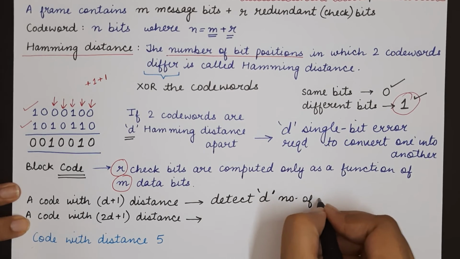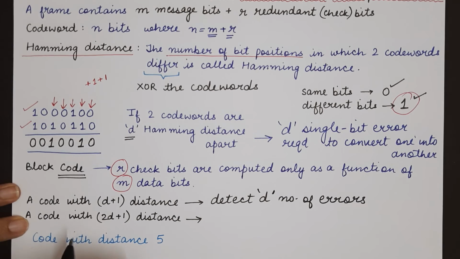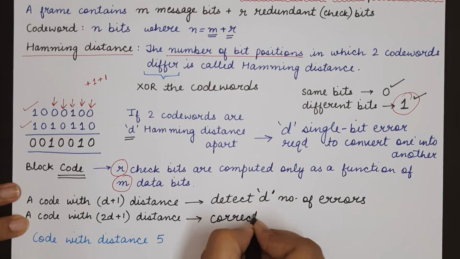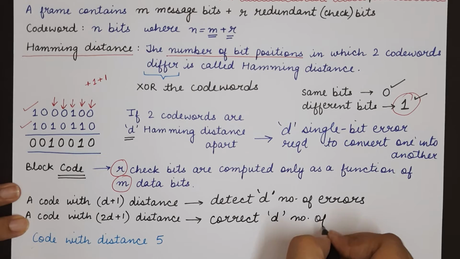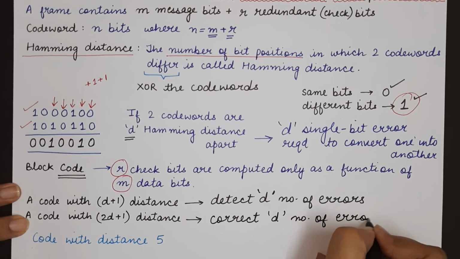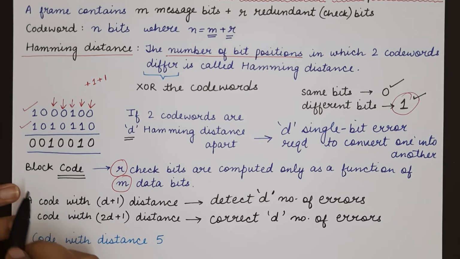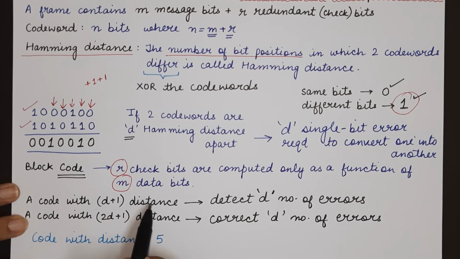So only detection is happening here. But if a code has 2d+1 distance, then it will be able to correct d number of errors. So if you have to detect d number of errors, you will require an error detecting code that has d+1 distance.